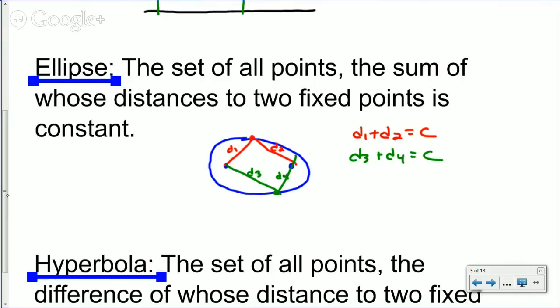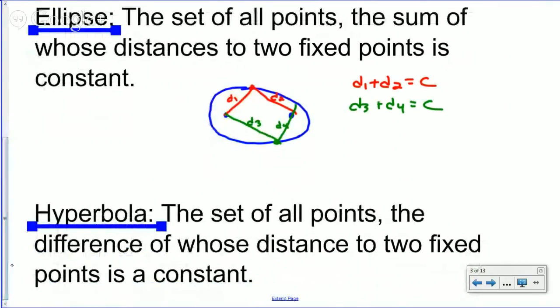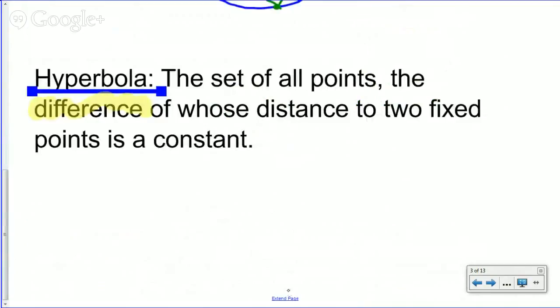Okay. Hyperbola is very similar, except now instead of the sum, like I wanted with an ellipse, now I want the difference of those distances. So again, I've got two fixed points here and here.